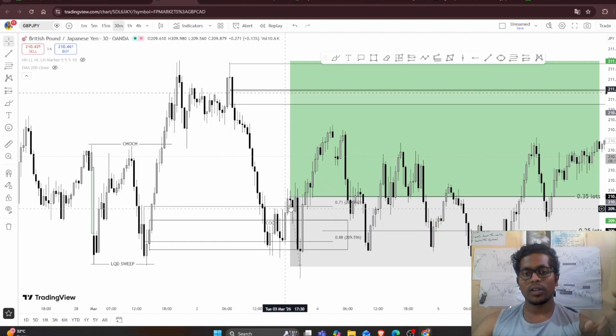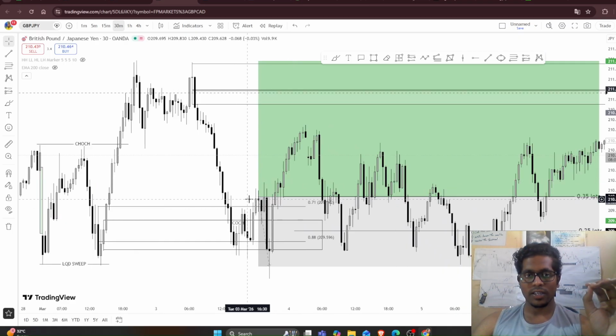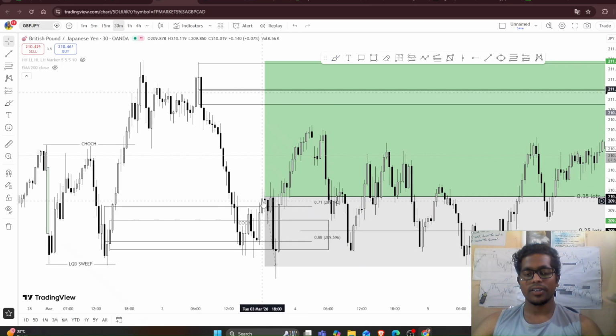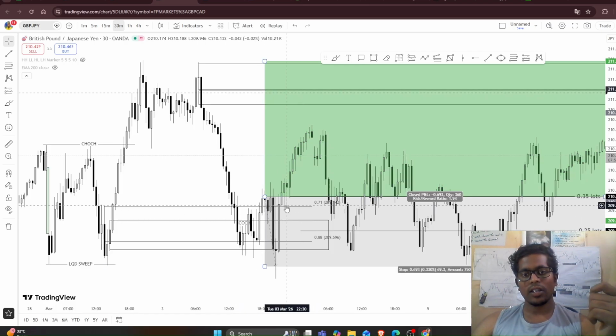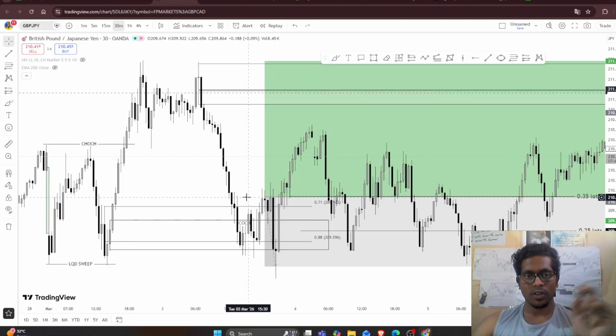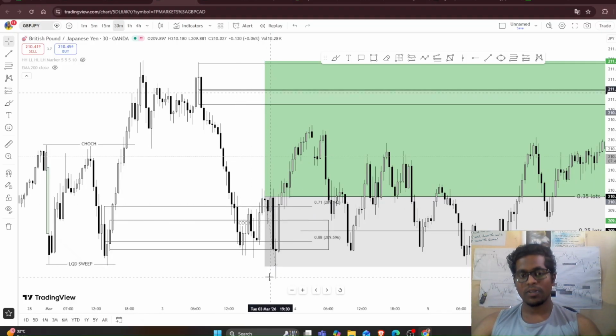Then I needed a confirmation candle, so I was waiting for one, and the market gave us a confirmation candle with the Fibonacci retracement level. With the confirmation, I added more orders of 0.35 lots, risking 2%. Overall risk was 2.5% on this particular trade, right?